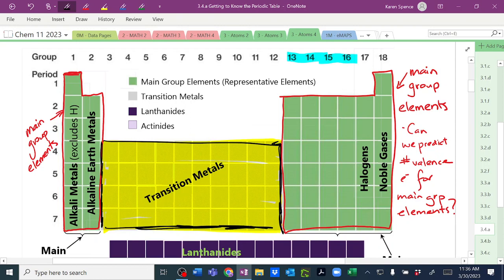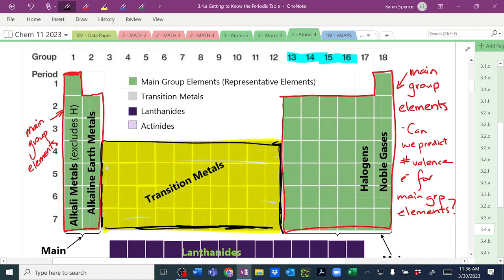However, group 17 does have a name, and what is that name? The halogens. Okay, halogens, it doesn't matter how you pronounce it. And then finally, group 18 is the noble gases.